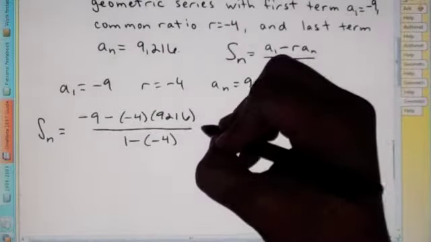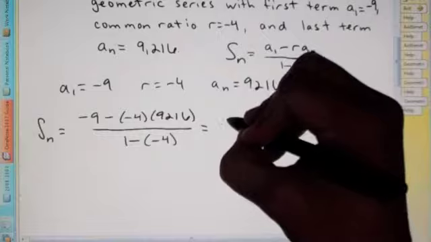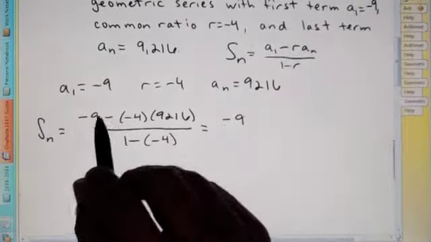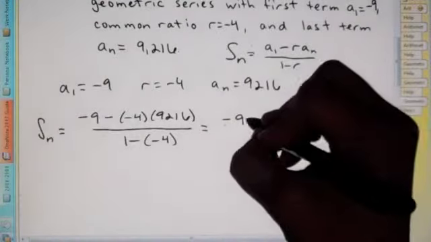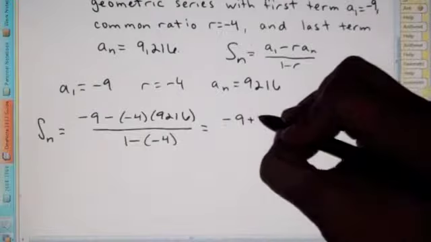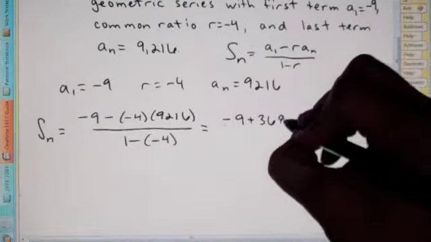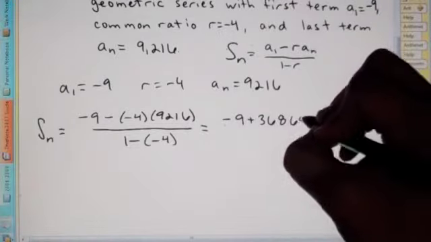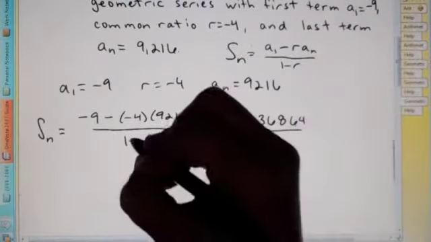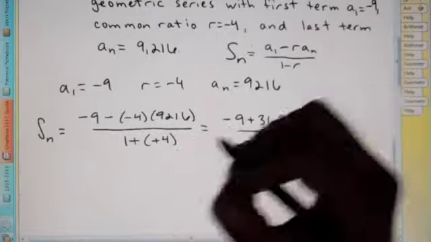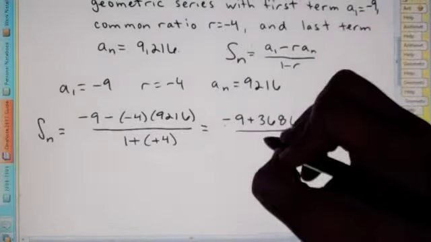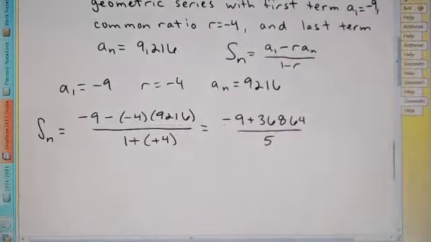Alright, so if we work this out, we get negative 9. Now, don't forget, a negative times a negative becomes a positive. So this becomes 36,864 over 1, negative and a negative next to each other becomes a plus. So 1 plus 4 is 5.